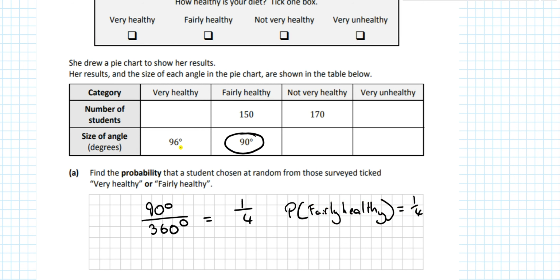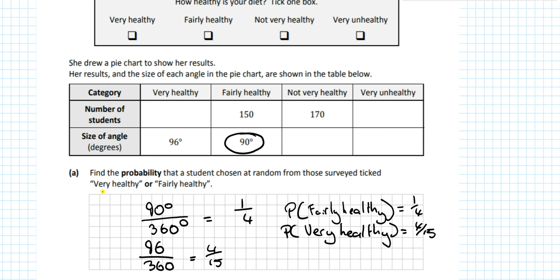What about very healthy? That's 96 over 360. So as a fraction, you're simplifying that down as 4 over 15. So probability very healthy is equal to 4 over 15.